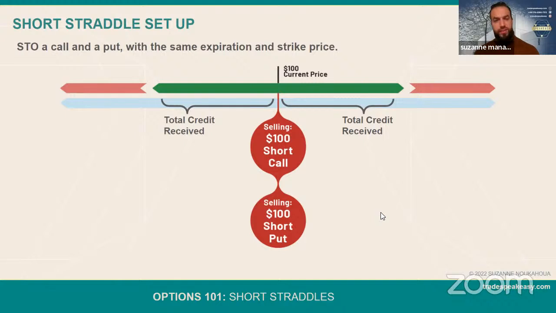So here's our risk parameters. Imagining that the underlying is trading at $100, then we're selling a short call, we're selling a short put, and we're receiving a massive credit for doing that because we're receiving the credit of at the money strikes.